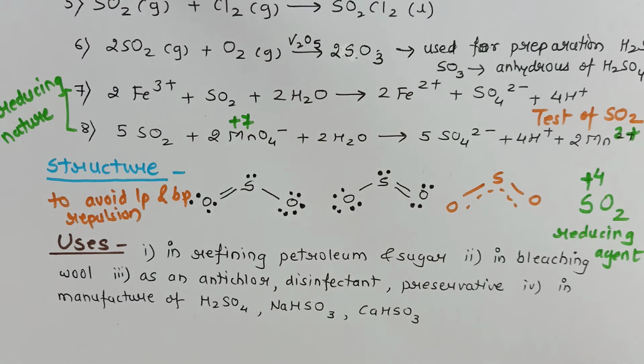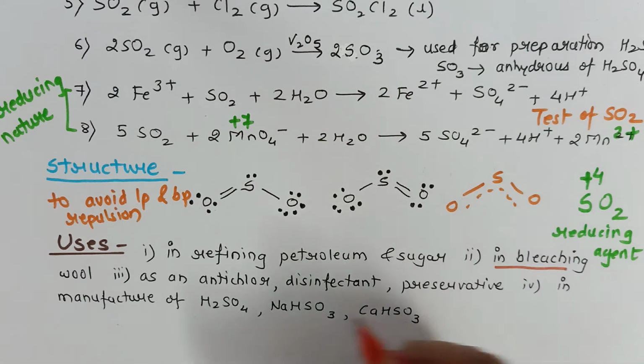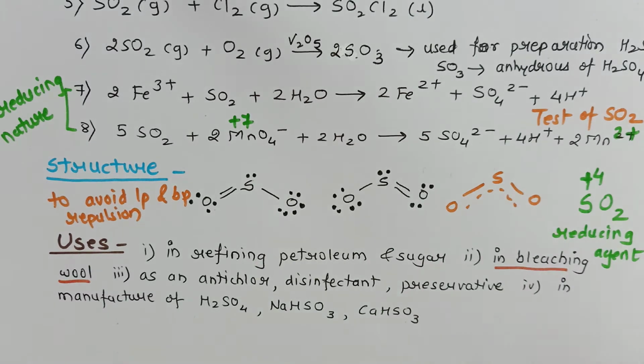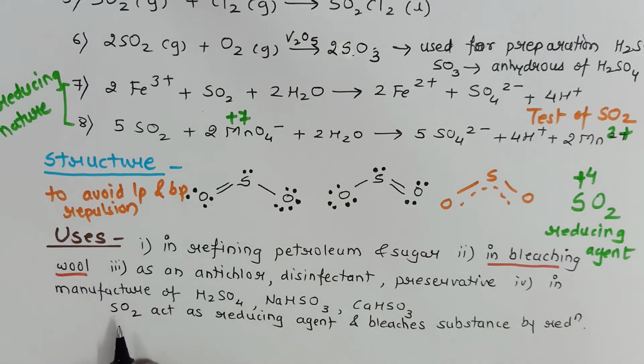Now here I want to explain the role of sulfur dioxide as a bleaching agent. Sulfur dioxide, since it's a reducing agent, will bleach the substance by the reduction process.